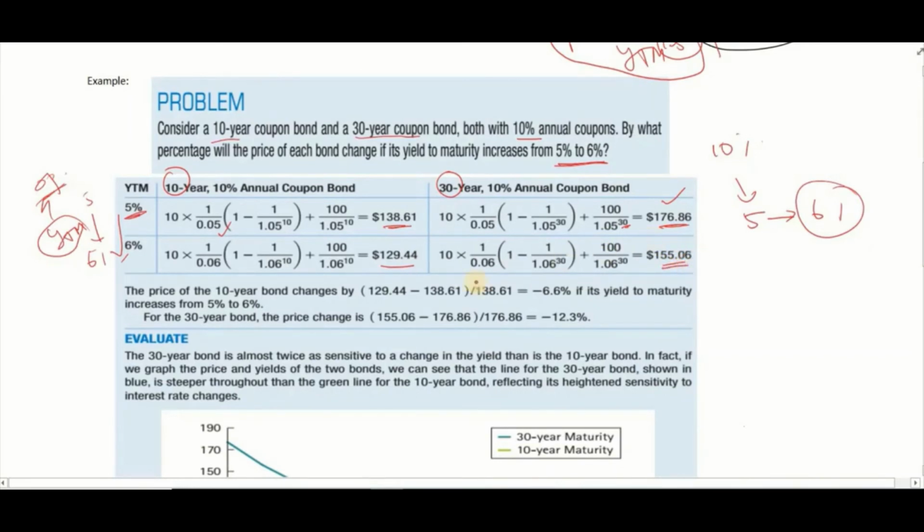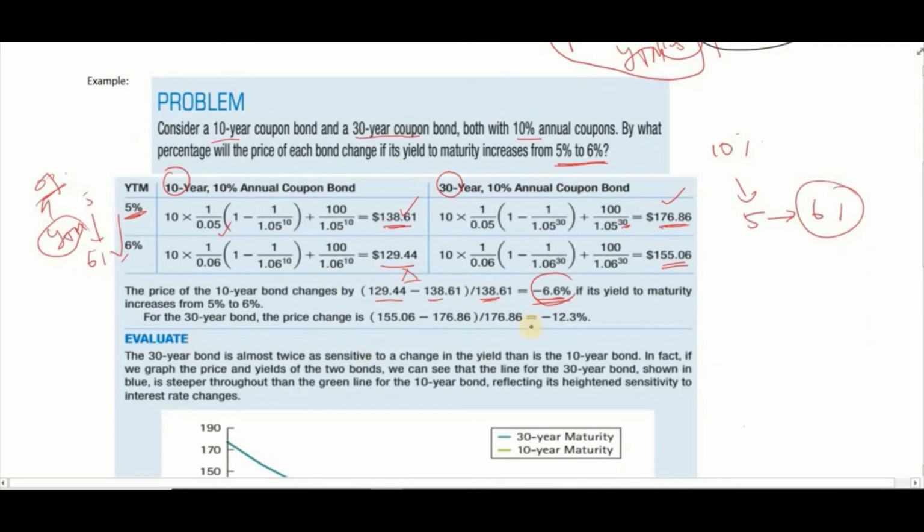Okay, so can we see the difference? First of all, we will see the difference for the 10-year bond. That is 129 minus 138, and the difference is divided by the original price, meaning the old price. The answer is negative 6.6%, right? This is the decrease because YTM increased.